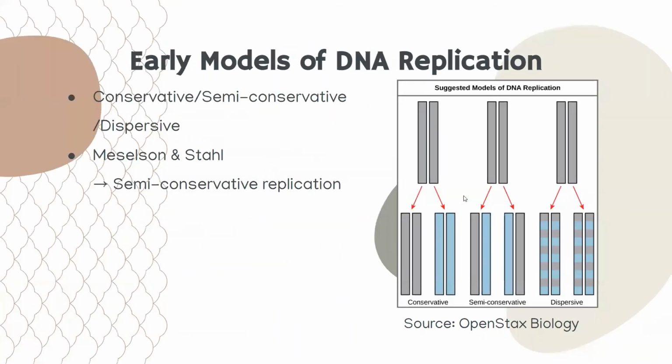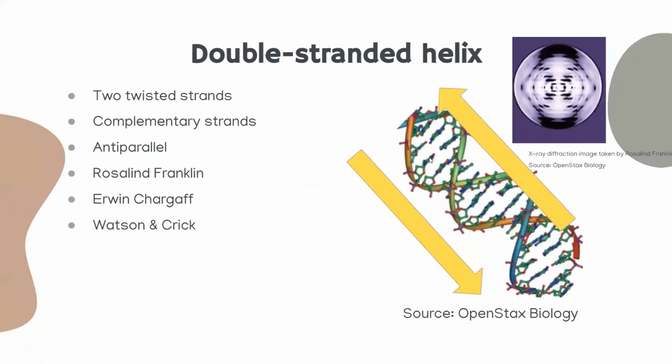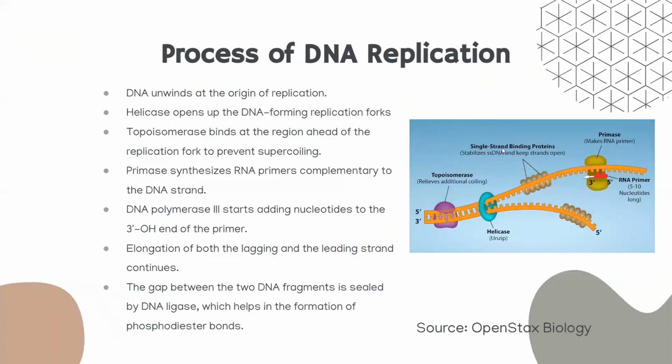Notice how some slides back, these two strands are twisted, right? And if we were to open these up, that would create supercoiling. So the point of topoisomerase is to unwind that supercoiling to make it more stable.